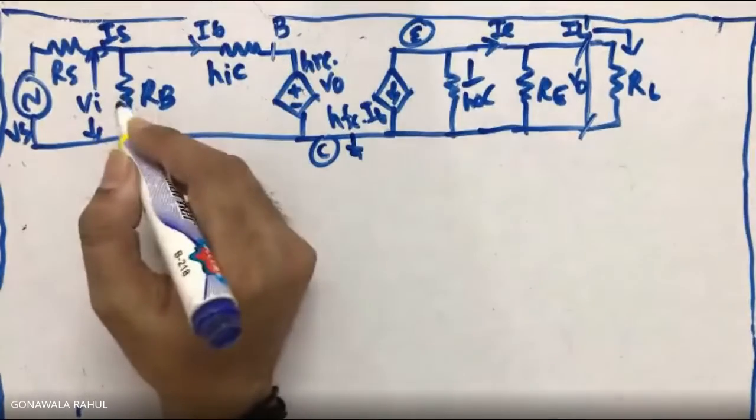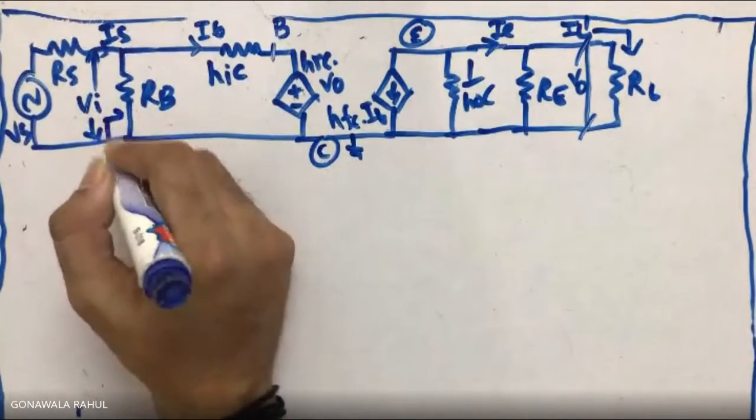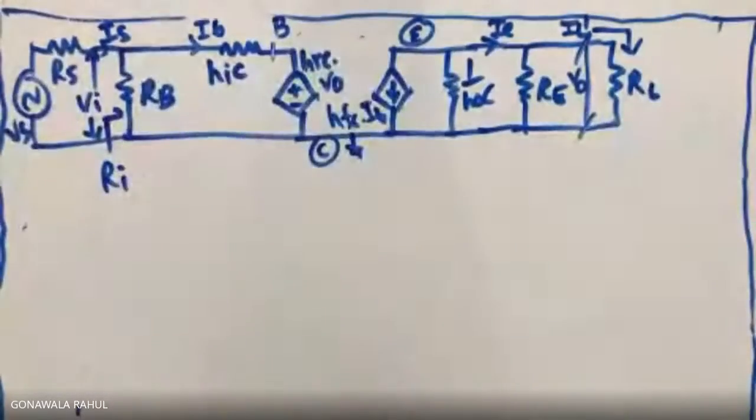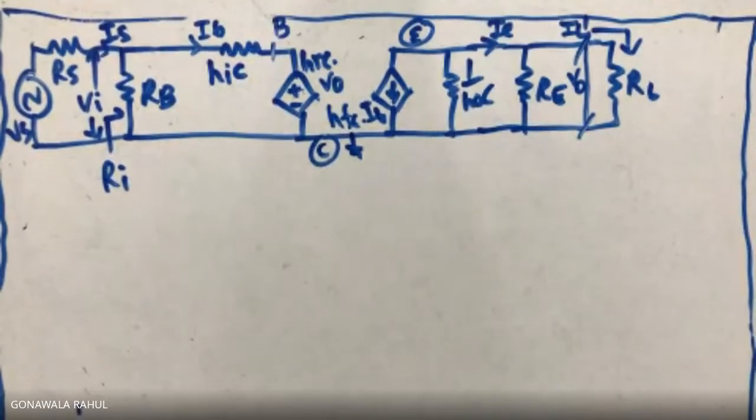If I want to measure Ri, this will be Ri. From this point we will measure Ri. So the replacement circuit has been done.